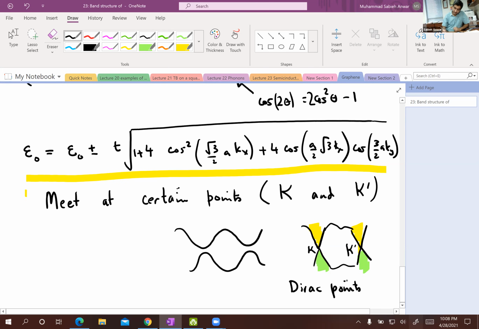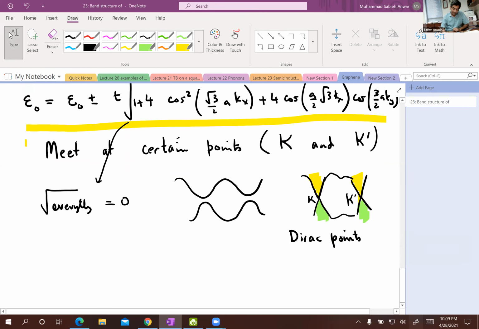But how do we know that these points exist? These points will exist when the two bands have the same energy value, when they overlap, and that's going to happen when everything that I've written in this square root is zero. So when I do that, I can locate what is kx and ky.